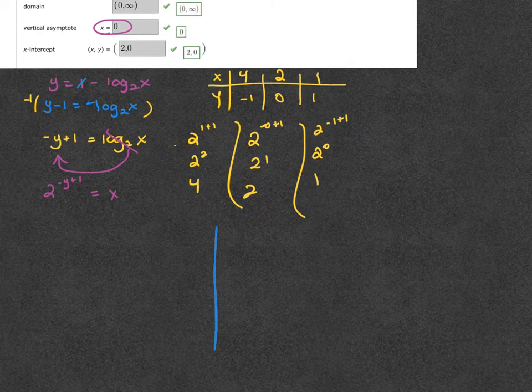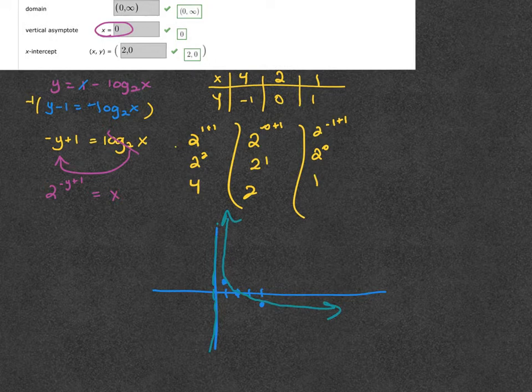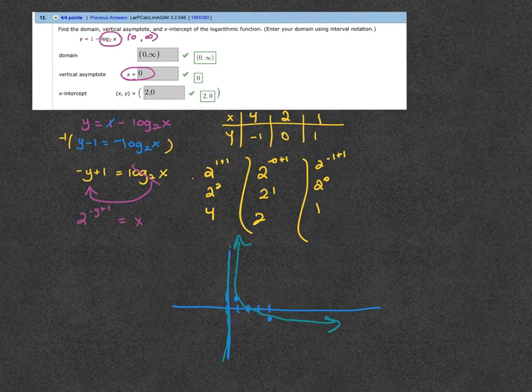And then you would plot your points. So 4, -1, 2, 0, 1, 1. My vertical asymptote is at x equals 0, and my curve looks like that. If you look at it based on transformations, it's upside down because of the negative on the front of the log, and it's up 1, which is consistent with what you found.